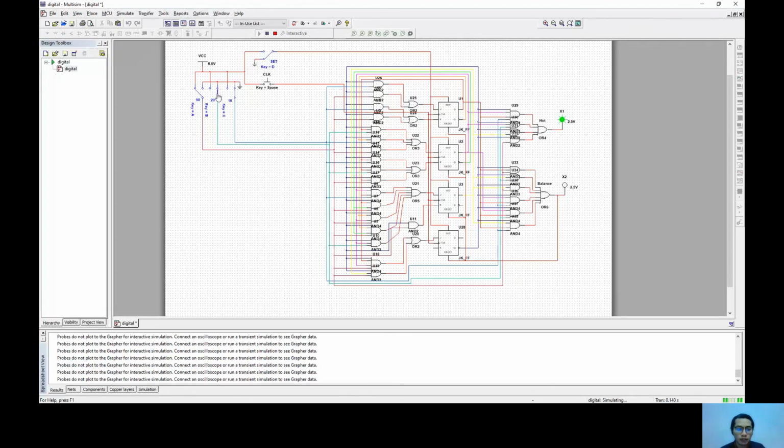When we put in 70 cent, the result is the same. So here is our simulation. That's all from me. Thank you.